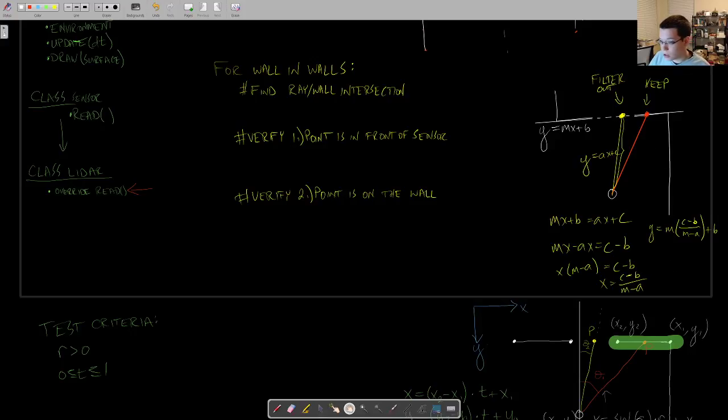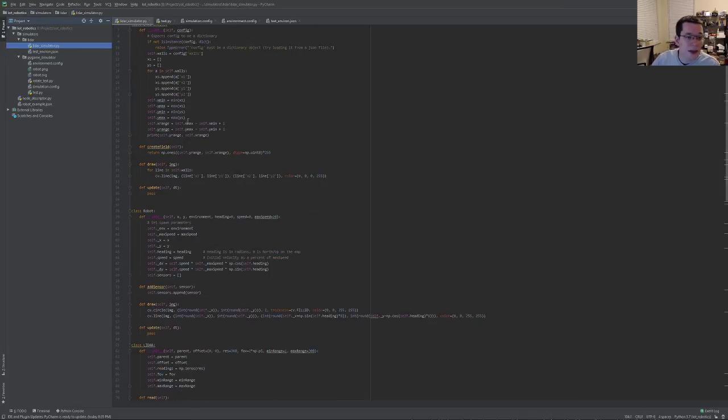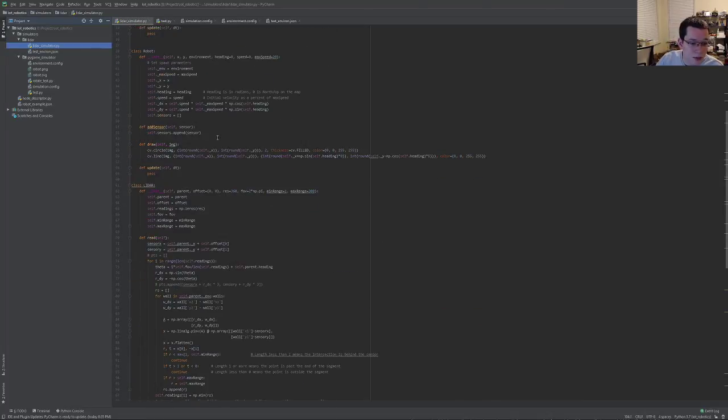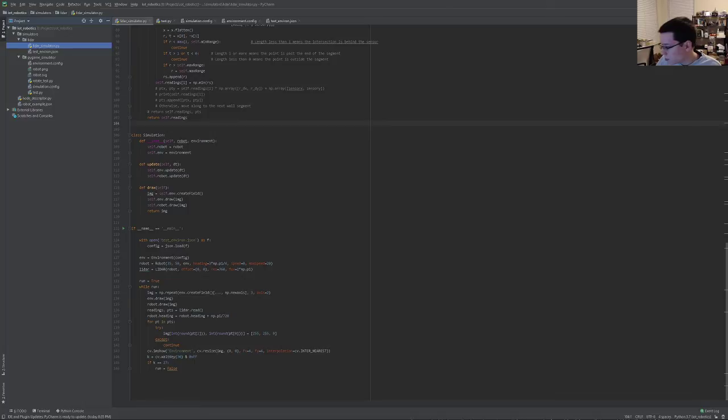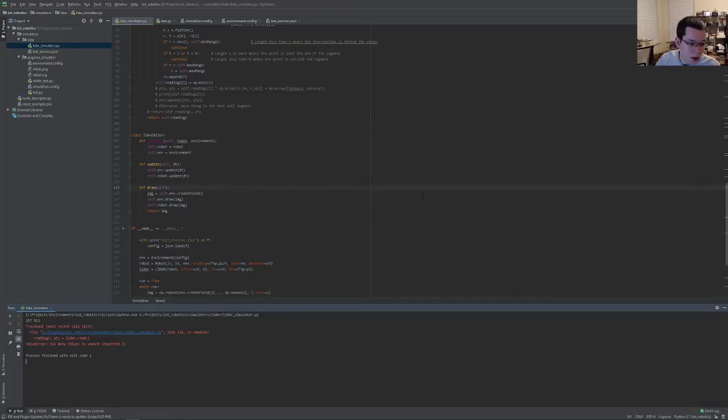And if we want to see the code itself, here and here, ta-da, this is the test, and it does function, I believe. Yeah, I believe I can run it and show you what it's doing.